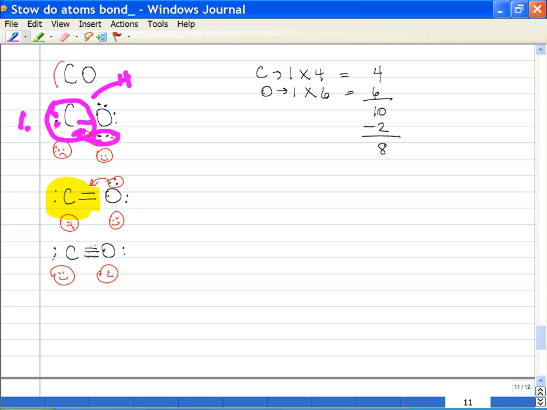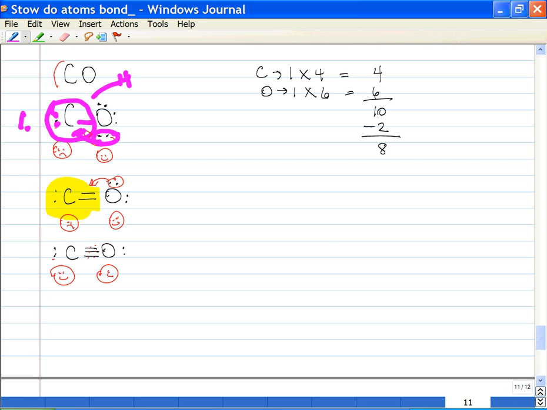It has to have 8 because every atom in every bond arrangement would like to look like a noble gas. So we're always trying to achieve 8 electrons around any element in a bond, except for hydrogen. Hydrogen wants to have 2. And sometimes we have a couple more exceptions we're going to talk about in a few minutes. Lithium, beryllium, and boron can have less.